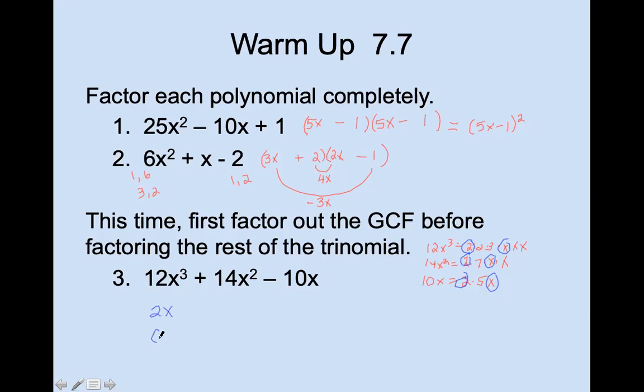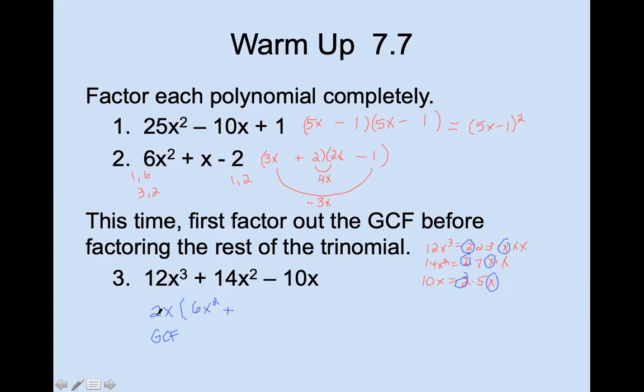That's the GCF. And then to write the factorization, I put a parentheses after this. Remember, this is like the unfoiling part. So I have to think, what would I multiply 2x by to get 12x cubed? Well, let's look at the leftovers. 2 times 3 is 6. x times x is x squared, so I'd have 6x squared. My next term is positive, so I'm going to put a plus.